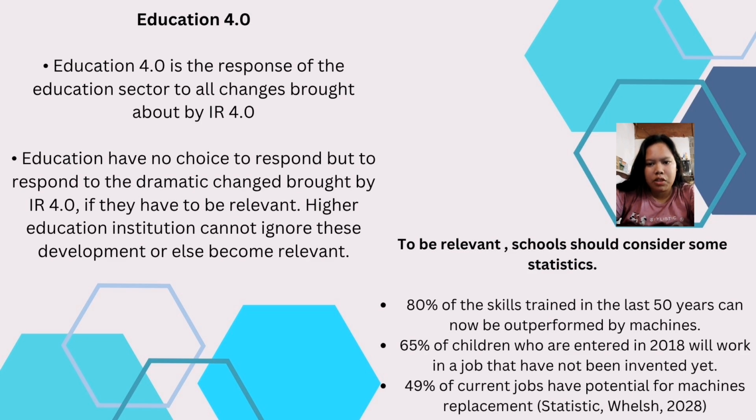49% of current jobs are at risk of being replaced by machines by 2028. So schools must teach students how to work with technology, not be replaced by it. Machines are highly efficient at performing routine and repetitive tasks, often doing them faster and more accurately than human workers.